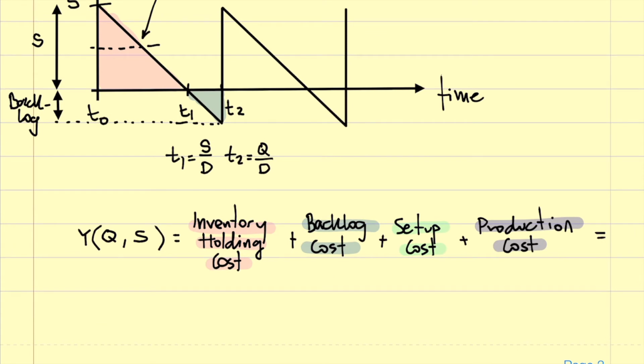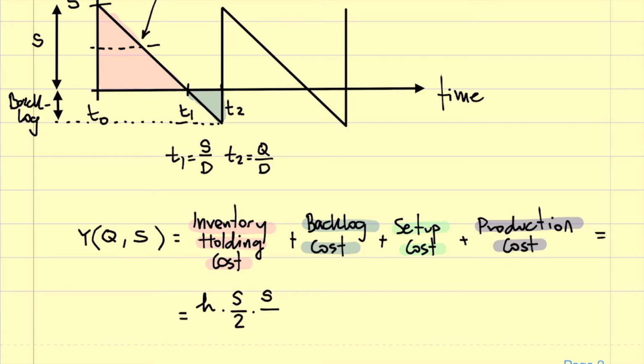So what do we have then as a function? Let's do it slowly. H are the costs per unit, and as before, we multiply it by the average inventory, and then we multiply it by the time, the frequency that we are taking this into consideration.